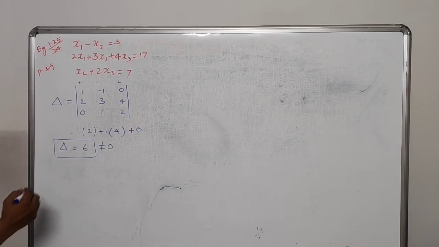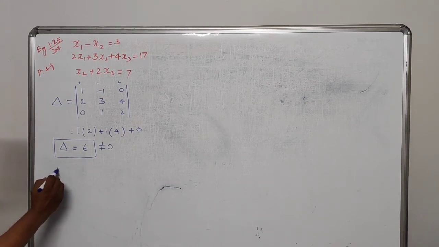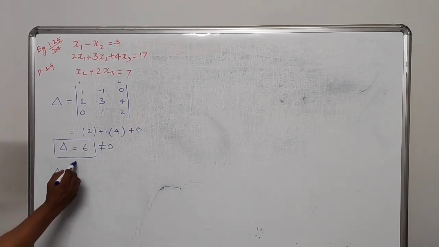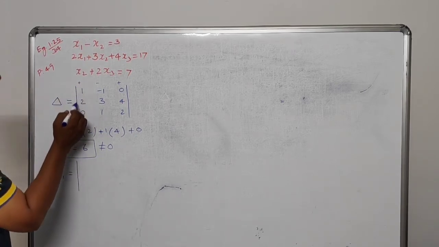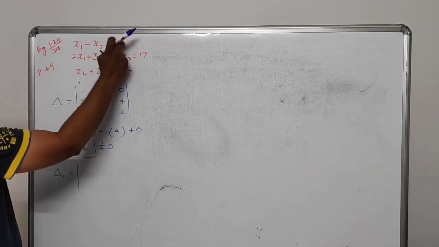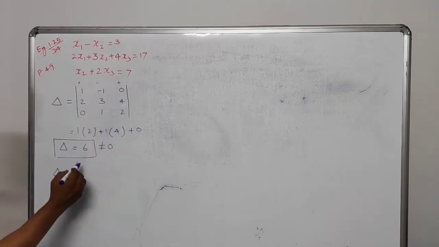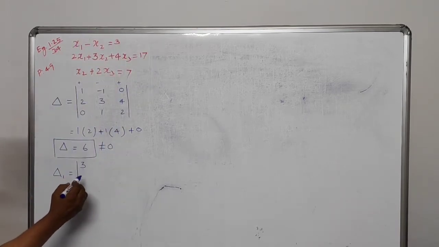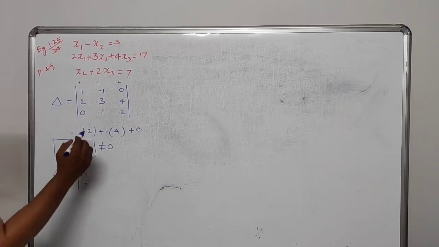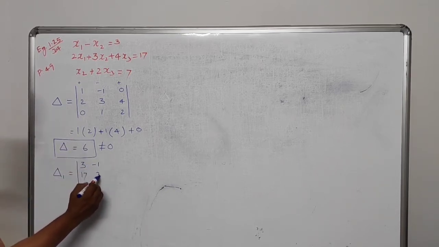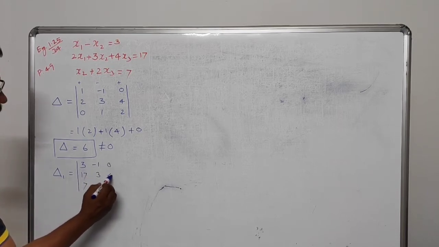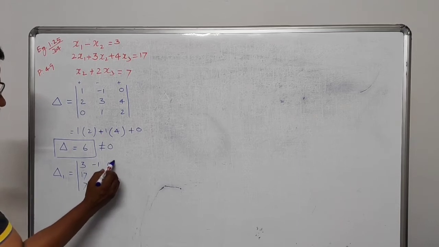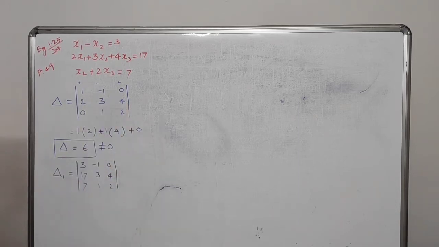Now we can find delta 1. Delta 1 is the determinant obtained by replacing the first column of delta by the constants. That is, write 3, the second one is 17, the third one is 7. Next minus 1, 3, 1. Next one 0, 4, 2. Now this can be expanded through the first row.